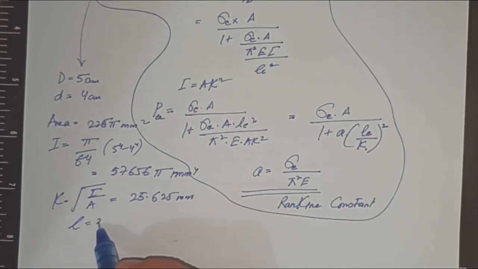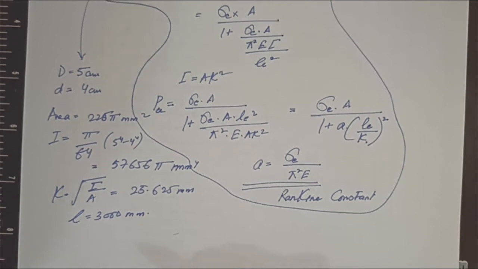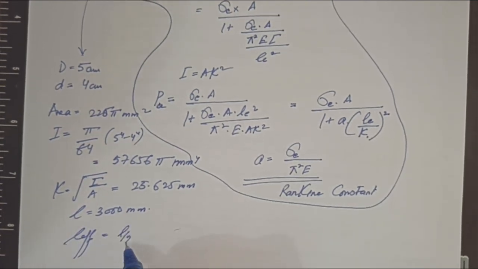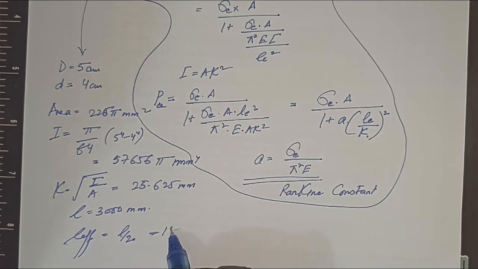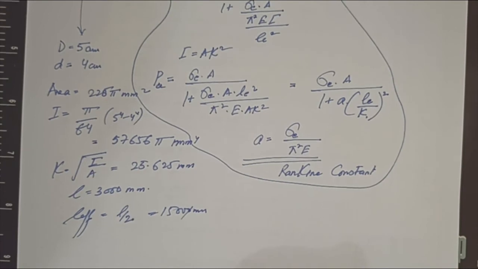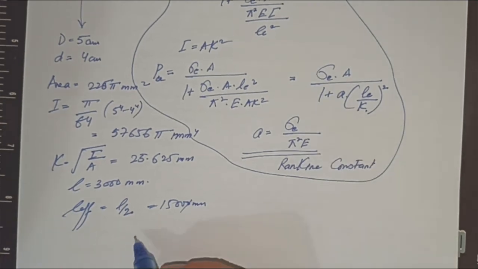Length is 3000, that means 3 meters, and both ends are fixed, so L effective is equal to L by 2 for the case of both ends fixed, so this is 1500 mm. Crushing stress is 550, A is given 1 by 1600, so use this expression to obtain the critical load.